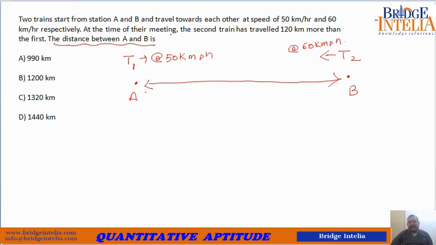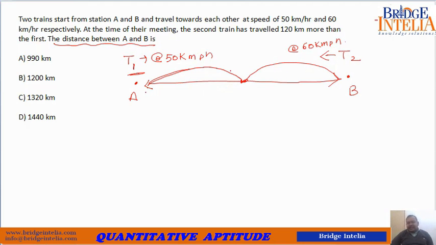The question says at the time of their meeting, the second train has traveled 120 kilometers more than the first. So what does this mean? See, in order to meet, some distance will be covered by the first train, some distance will be covered by the second train.